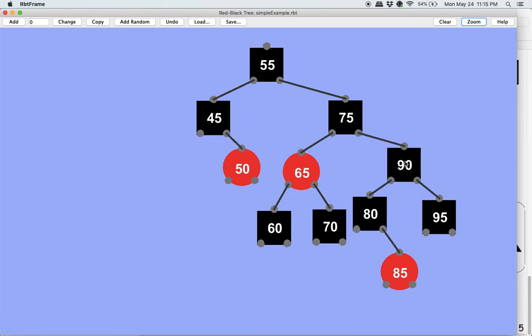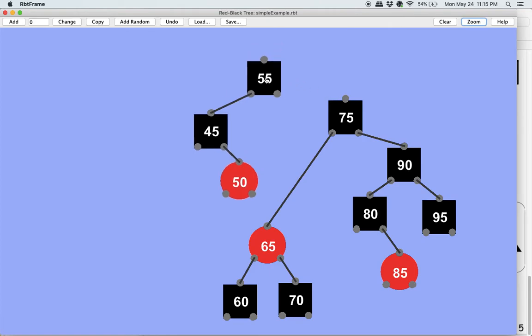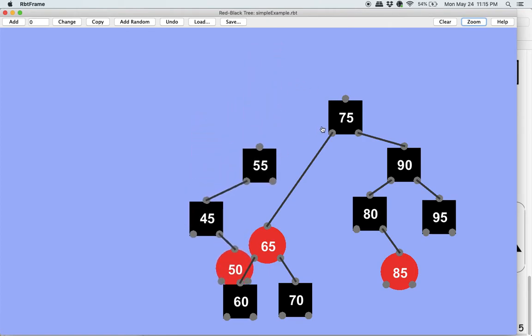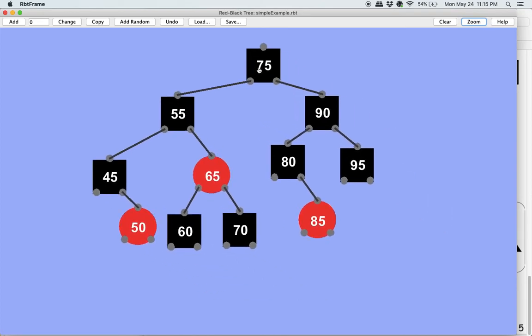And that gives us something that looks like that. And again, we have restored this to being a red-black tree.